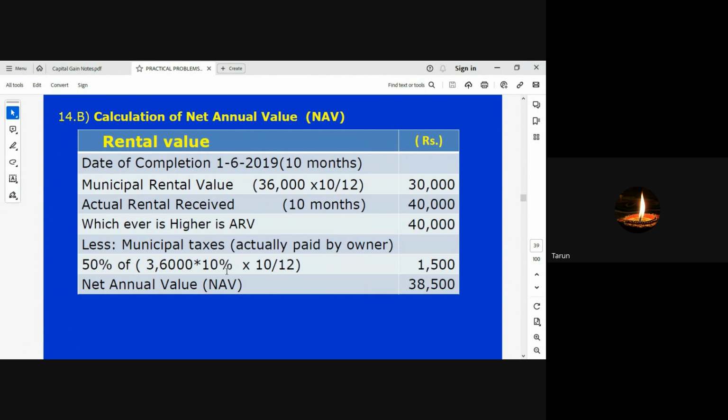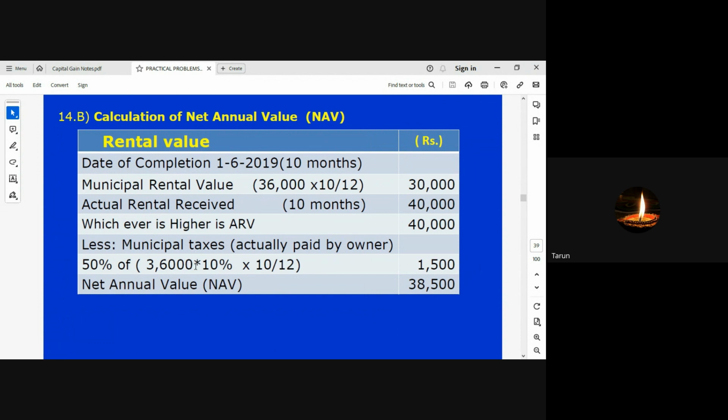The value given here is 36,000. 10% of 36,000 is 3,600, into 10 divided by 12, which comes to 3,000.